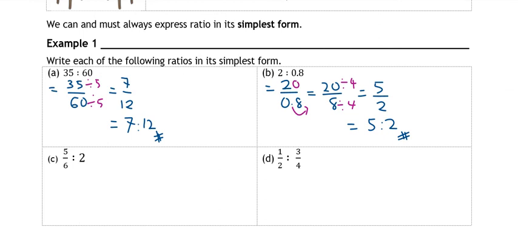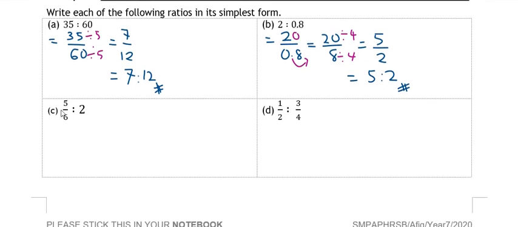Now, let's have a look at the next one. C, 5 out of 6:2. Now here you have a fraction, you must express this in whole numbers. Now how you're going to do this is that you know that a fraction, 7 out of 12, is actually 7 divided by 12, right? So here you can express this as 5 out of 6 divided by 2.